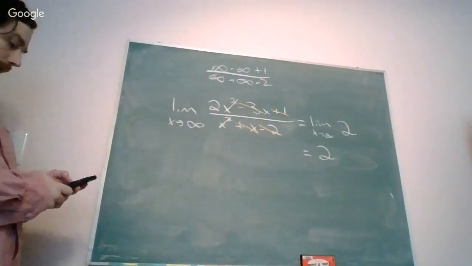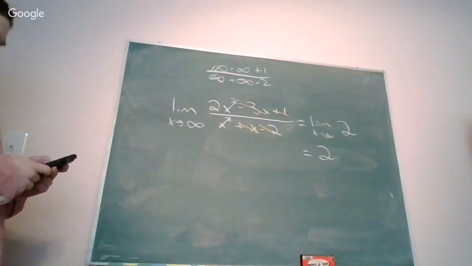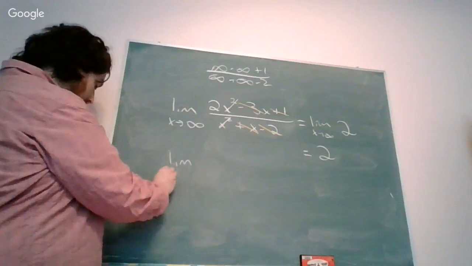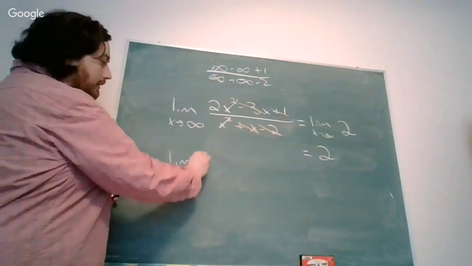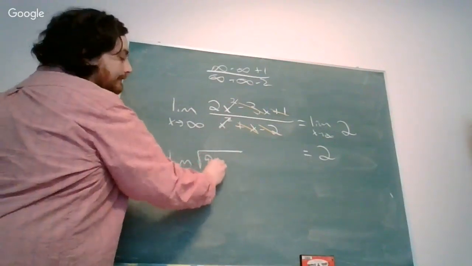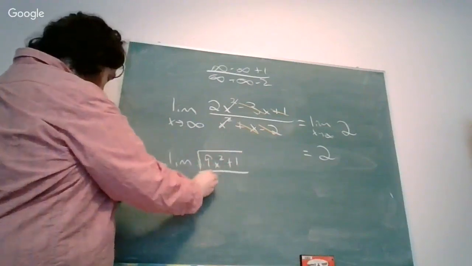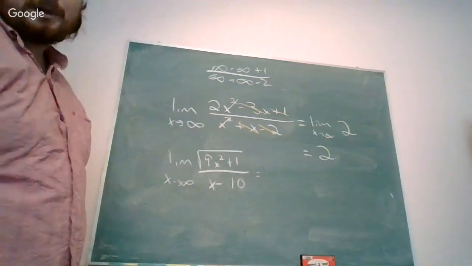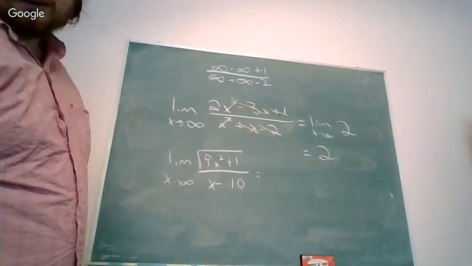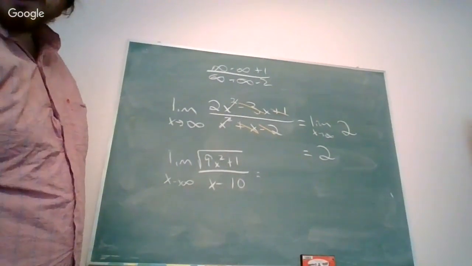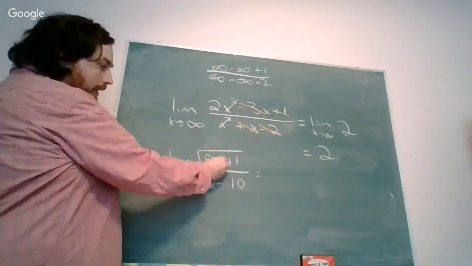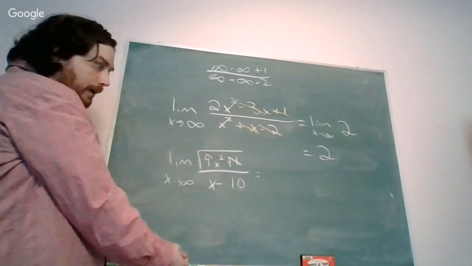The reason why I wanted to do this one first before doing the next one is because if we tried to use L'Hopital's rule directly on the next one, we're just going to end up making lots and lots of work for ourselves. So I'm just going to look at what are the dominating functions on top and bottom. The 9x squared dominates the 1, so I can ignore that.